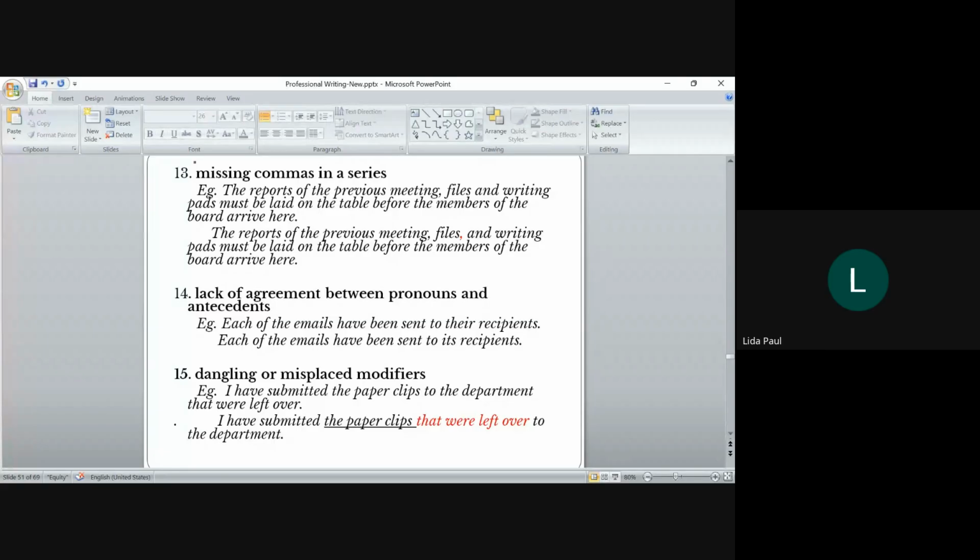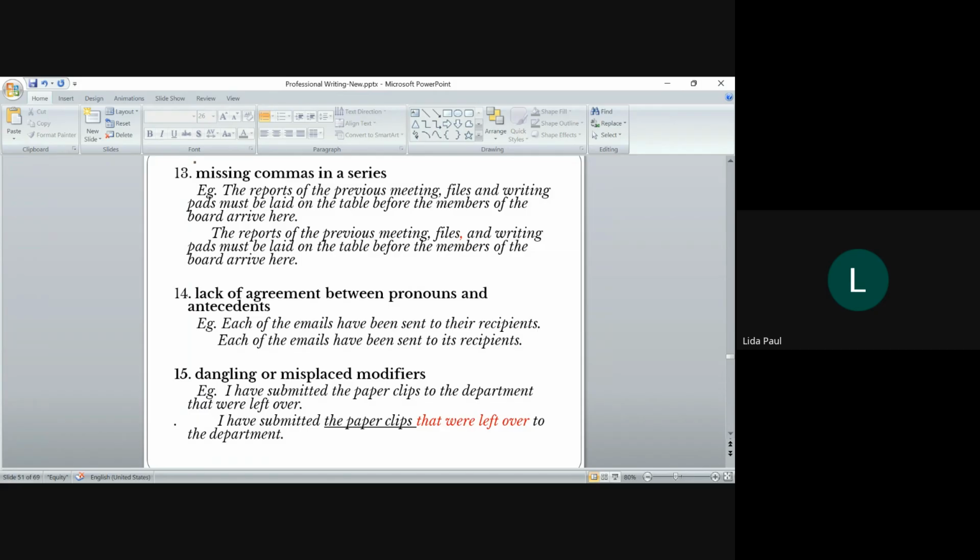Recipients? Not recipients. Does "their" stand for recipients, or is it a possessive pronoun for the emails? Each of the emails, right? So that whole phrase, not just the emails.